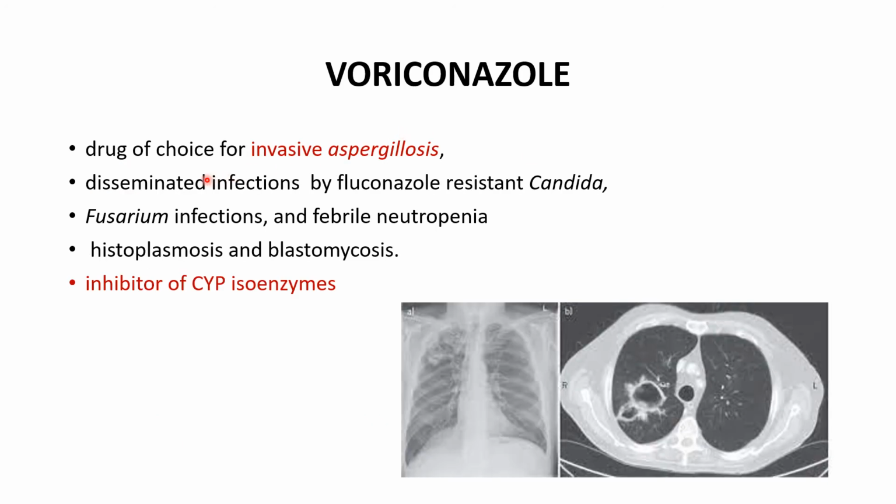Voriconazole is the drug of choice for invasive aspergillosis, so this is Aspergillus pneumonia, and also in the management of disseminated infections by fluconazole resistant candida. It is also used for fusarium infections, febrile neutropenia, histoplasmosis, and blastomycosis, and it is also an enzyme inhibitor.